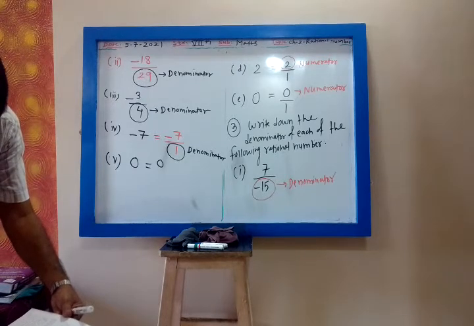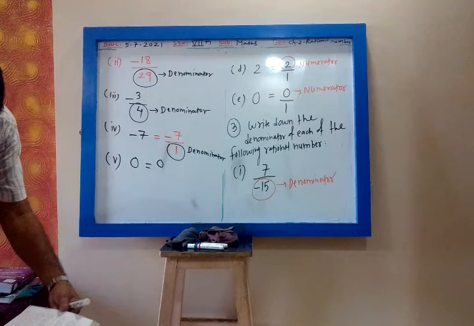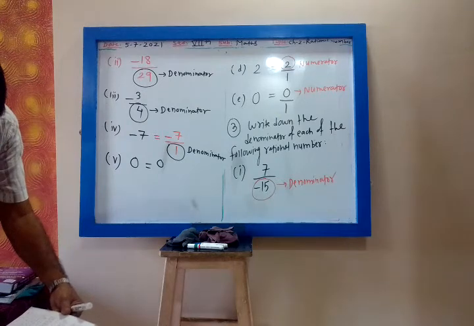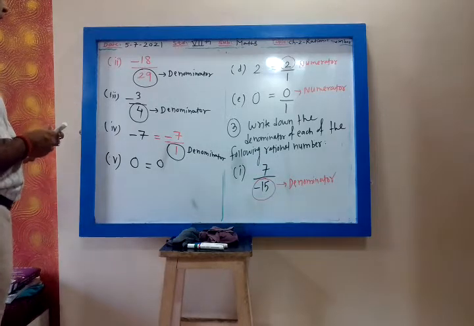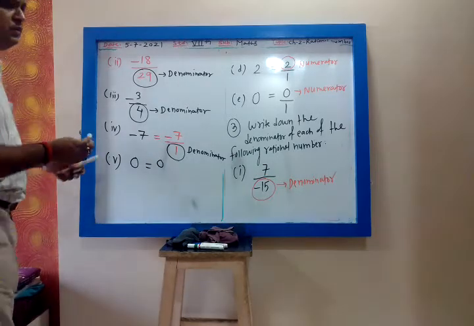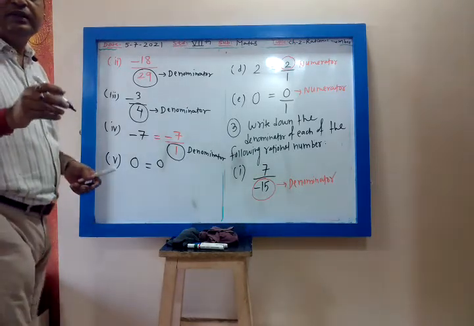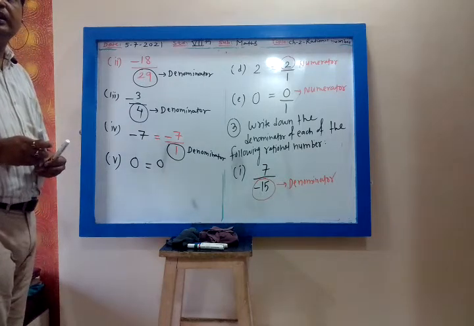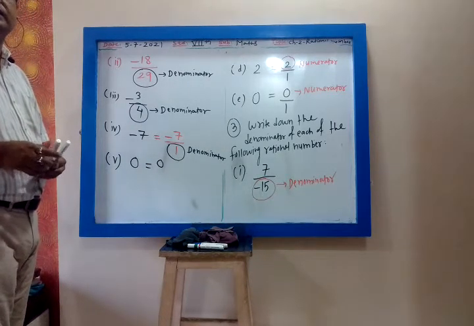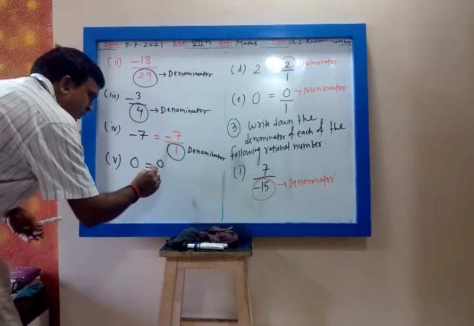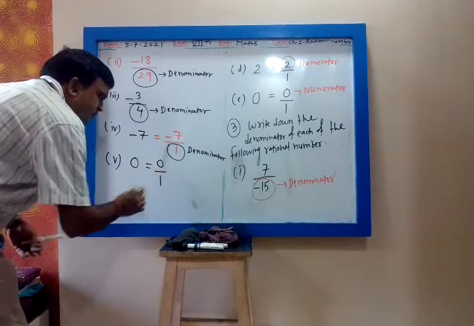Wait, fifth one. See, 0, we have seen in integers: 0 divided by any positive integer or any negative integer is 0. So 0 you can write as 0 upon 1.